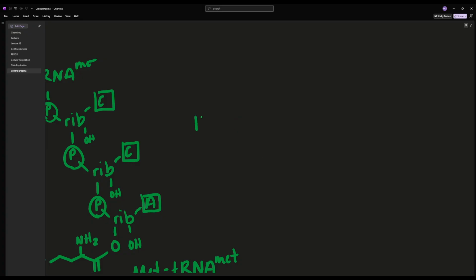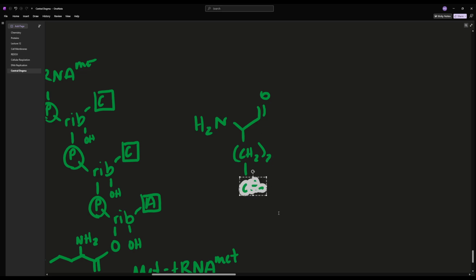Let's draw out the amino acid again, so CH2, CH2, and an SCH3. We'll say O to its tRNA for met.